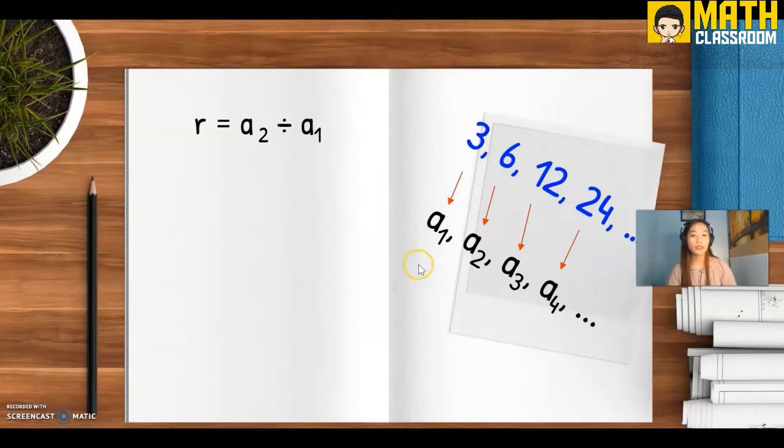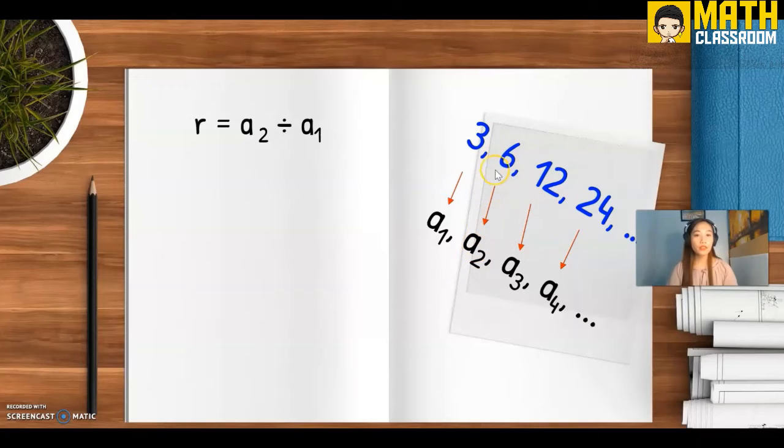Why can't we divide a sub 1 by something? We cannot start with the first term because it does not have a previous term. You cannot divide 3 by something because there is none. So we will start with our second term, denoted as a sub 2.